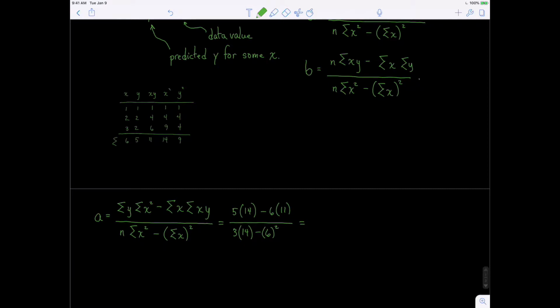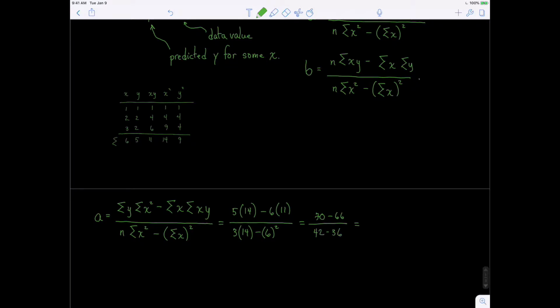So let's simplify this. 5 times 14, that's 70, minus 66, divided by 3 times 14, which is 42, minus 36.